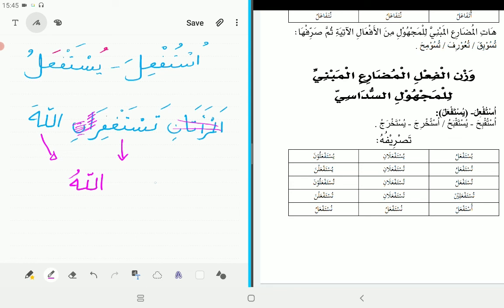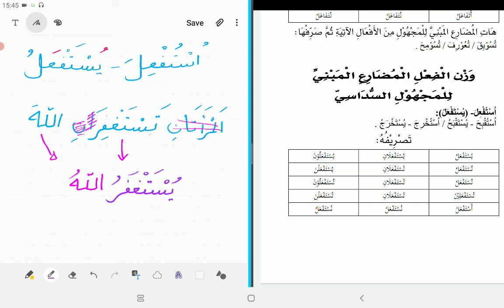Now, what am I going to do with the verb? I'm going to now make the changes and say the verb will become yustaghfaru. Yustaghfarullah. Now a person will ask, how did it become yustaghfarullahu?